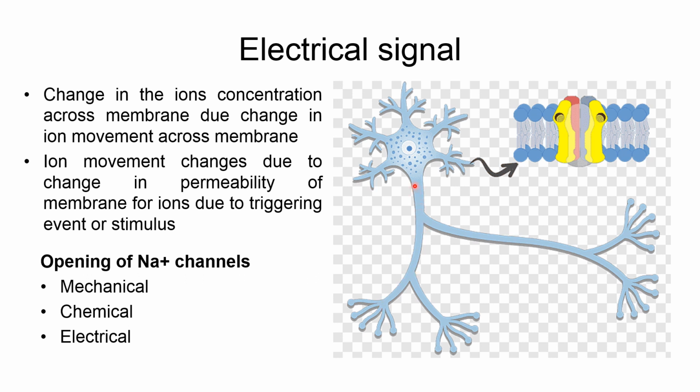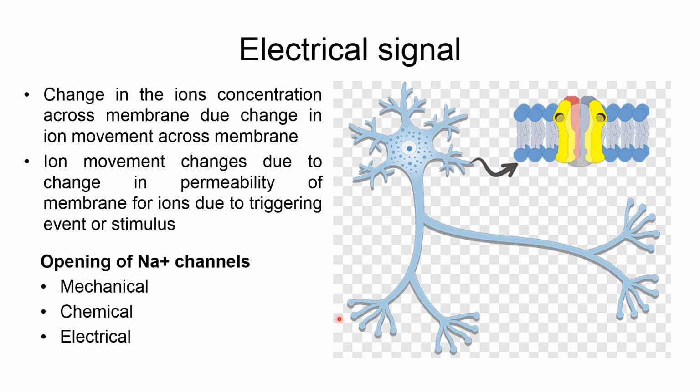This portion of the neuron is called an axon, and it is conducting action potential away from the cell body. It is a single elongated tubular extension that conducts action potential away from the cell body and terminates on another cell. These cells could be glands, muscles, or other neurons.